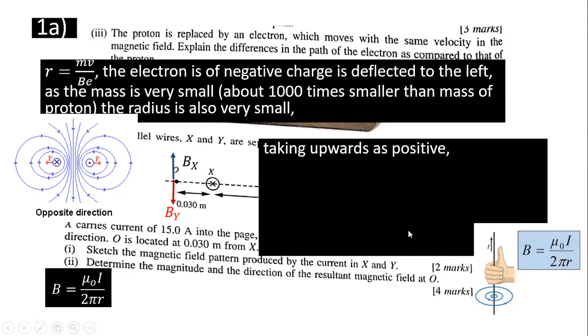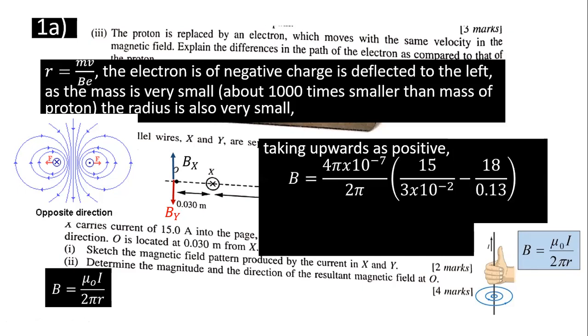Then you have to choose the direction, taking outwards as positive. So I take the common factor out: mu naught over 2 pi. Then I am left with I and r.